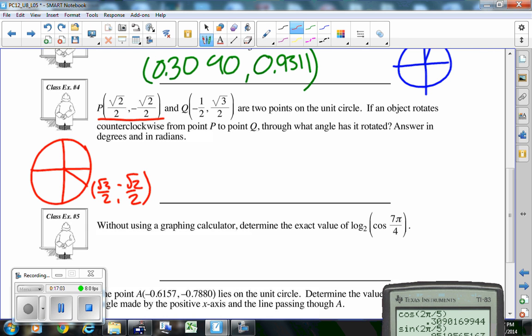That's my pi quarters family, so this is going to be 7 pi quarters. Then this point, right here, -1/2, comma, root 3 over 2 is going to be here. And it is my pi thirds category.